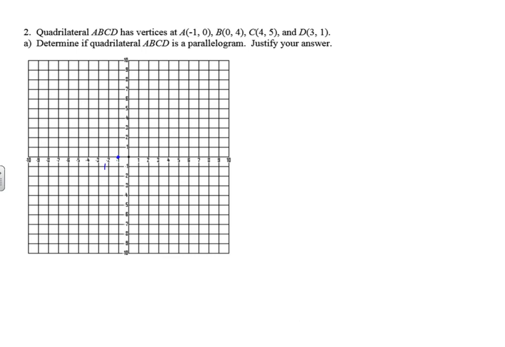So here's A, B is 0, 4, C would be 4, 5, and then D would be 3, 1. Well, that kind of looks like it's maybe parallel. Okay, so we have to come up with a plan first. All right, so what's our plan? Well, what would be true if it is a parallelogram? So here are some options that we have.